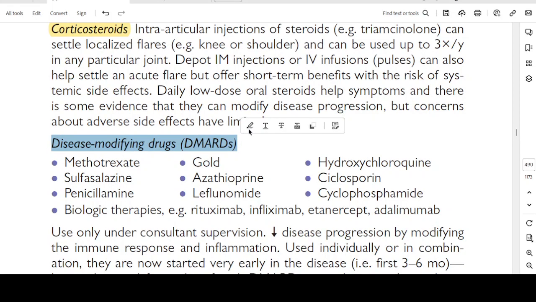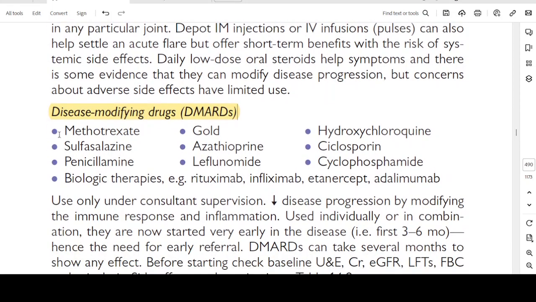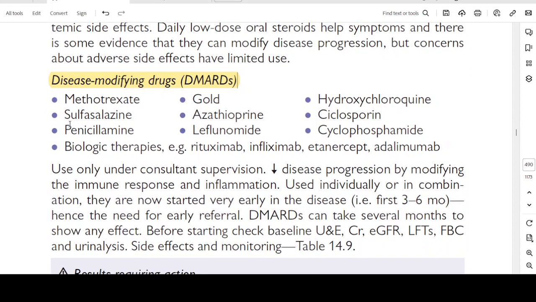Disease-modifying drugs. DMARDs: methotrexate, sulfasalazine, penicillamine, biological therapies, rituximab, infliximab, etanercept, adalimumab, gold, azathioprine, hydroxychloroquine, cyclosporin, cyclophosphamide.